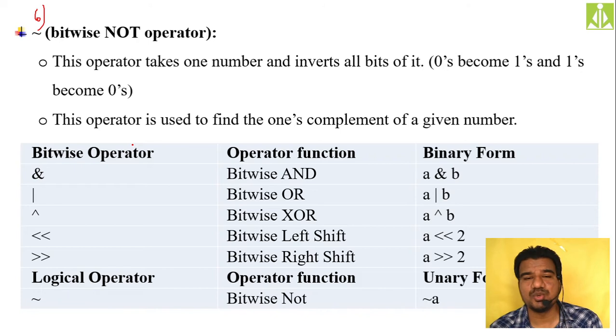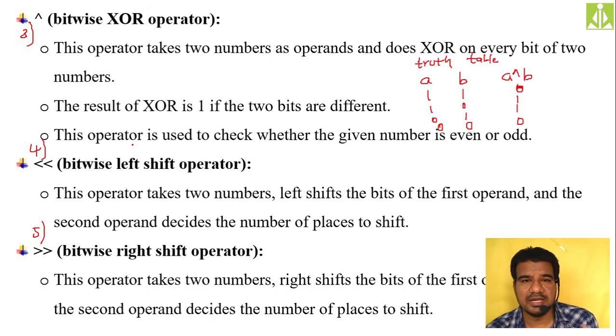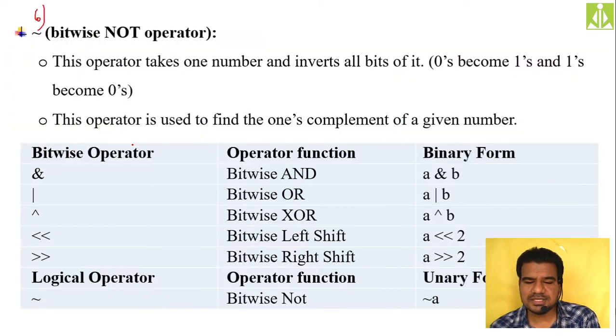That we need to understand. Because we are lagging in these three, I'm not covering the bitwise left shift, bitwise right shift, and bitwise NOT operators over here. Three we discussed: bitwise AND, bitwise OR and bitwise XOR. And these three we will do in the practical session.